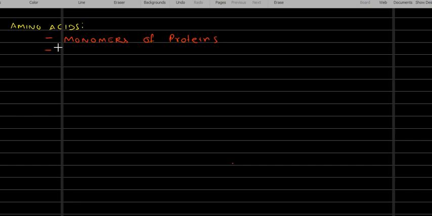Interesting thing to note is that these are heteropolymers. That means our proteins are heteropolymers. When we say heteropolymer, that means a single protein is made up of different amino acids.